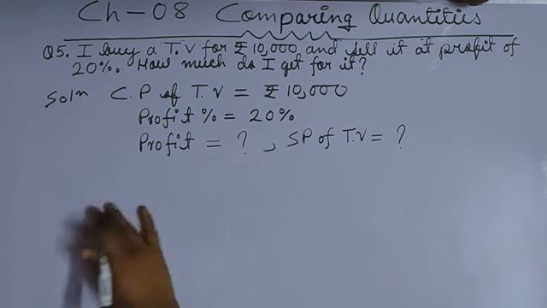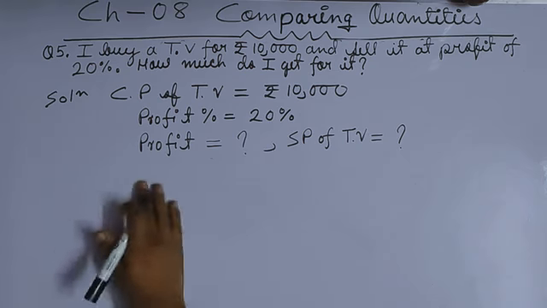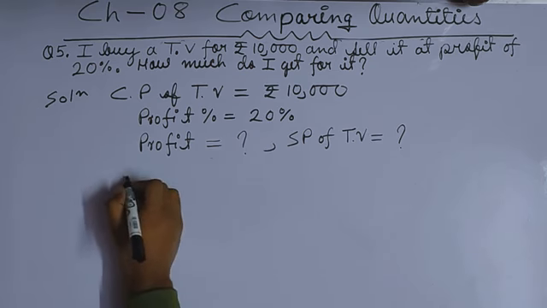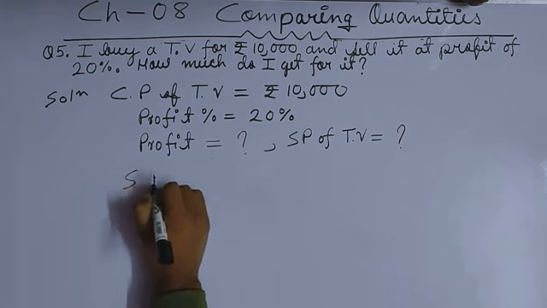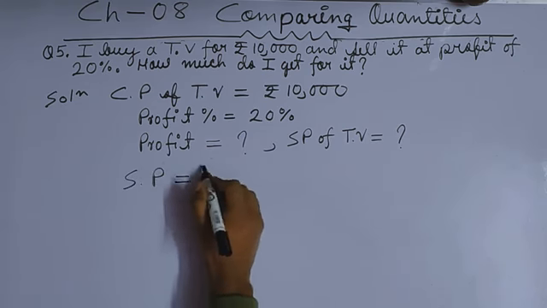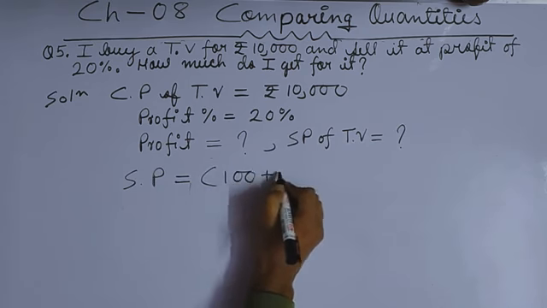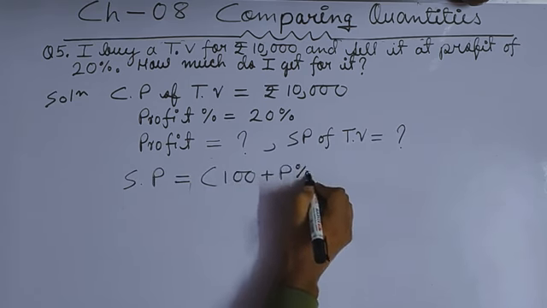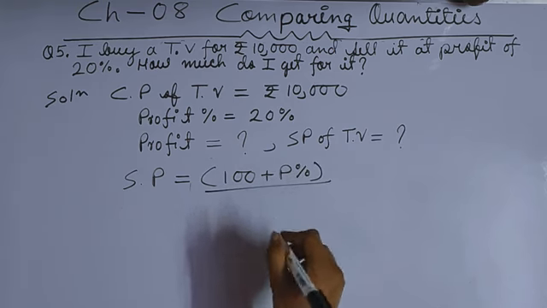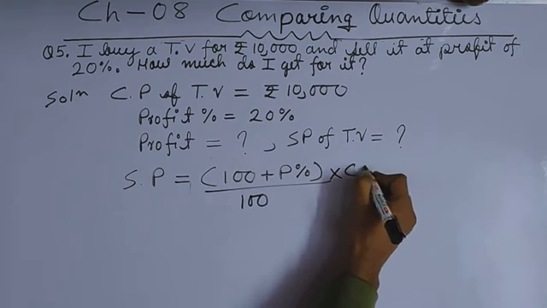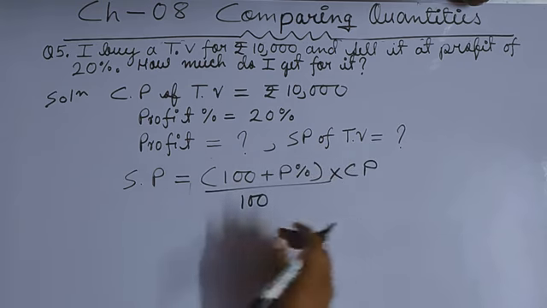So let us do this question. This SP, that will be equals to what? 100 plus profit percent upon 100 multiply your CP.